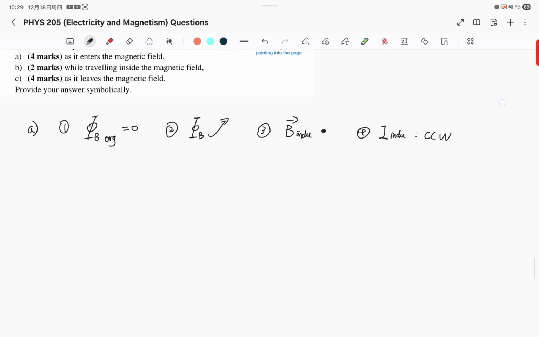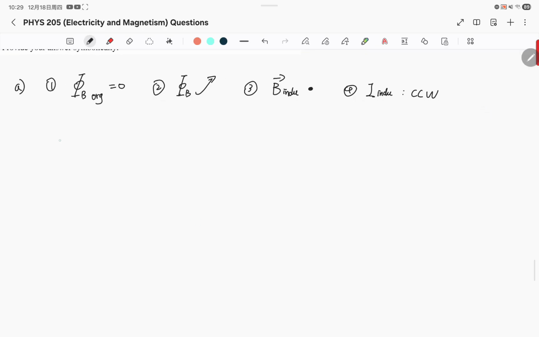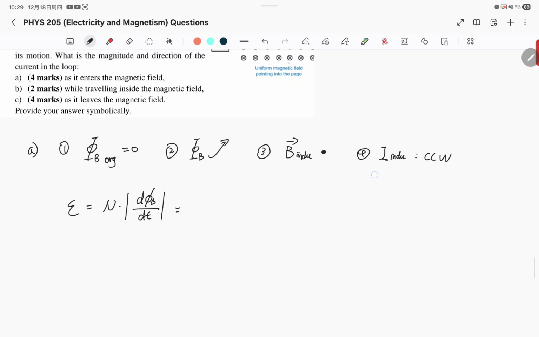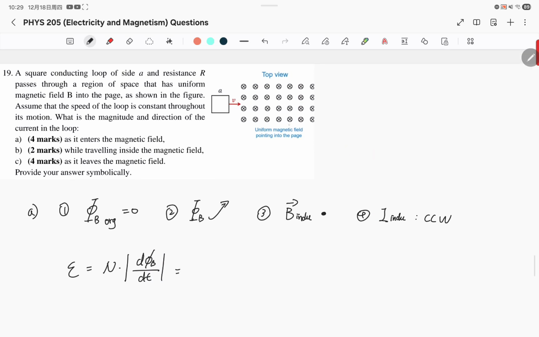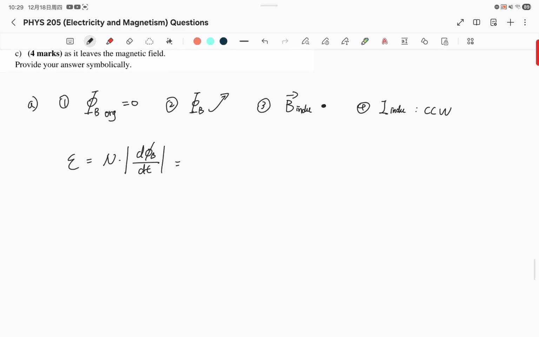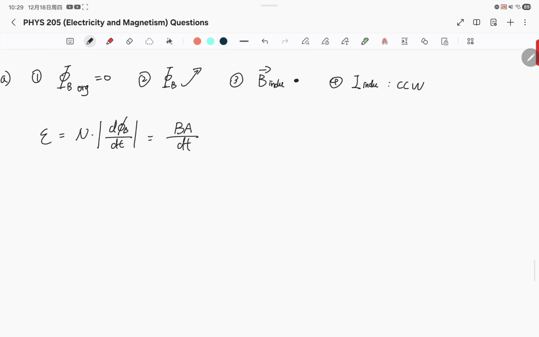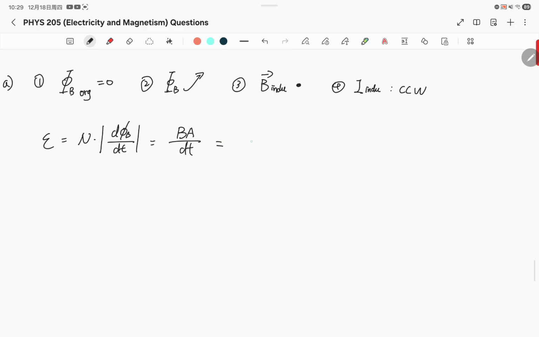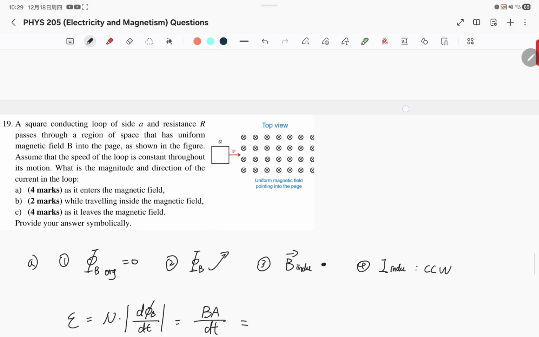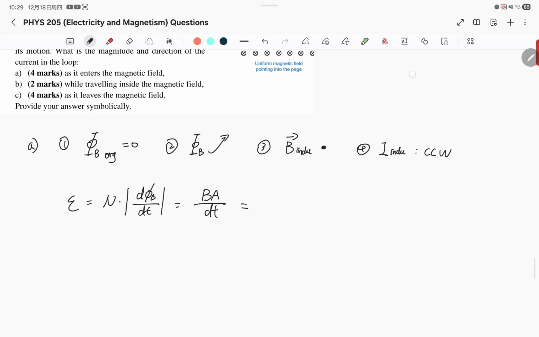What about the value? That depends on Faraday. Induced EMF is equal to N times d phi B over dt. Well, N is a single loop, so N is 1. And phi B is BA over dt. B is magnetic field. It's uniform, we don't touch it. And A is the area of this loop. It's a square, so side times side.